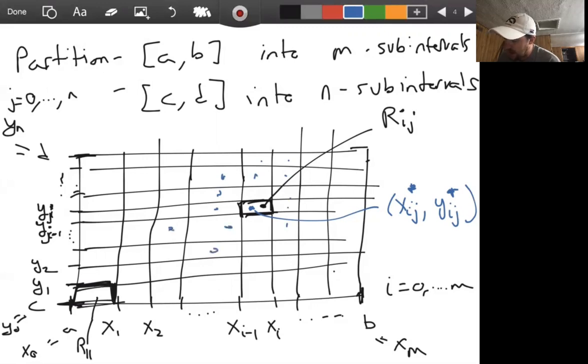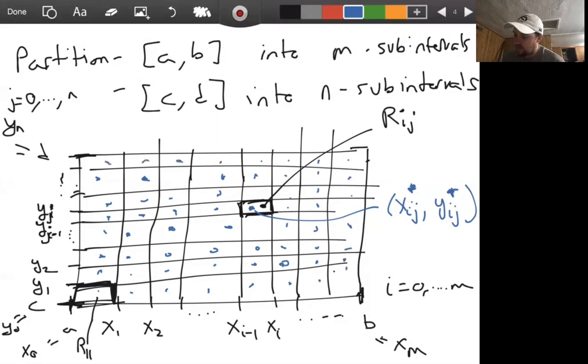We just require that the point xij star and yij star live in the ijth rectangle, right? And so we pick a test point for every single subrectangle that we get here.